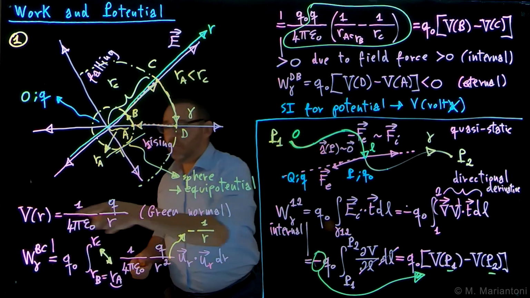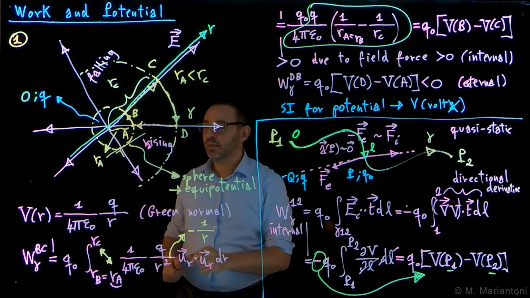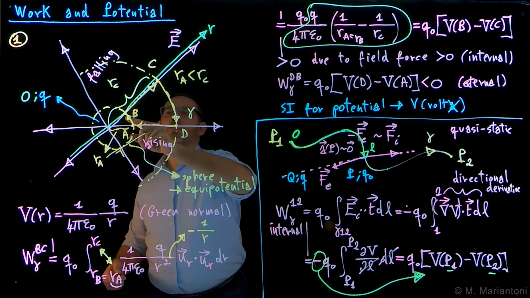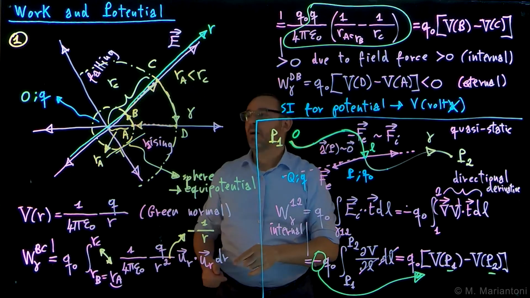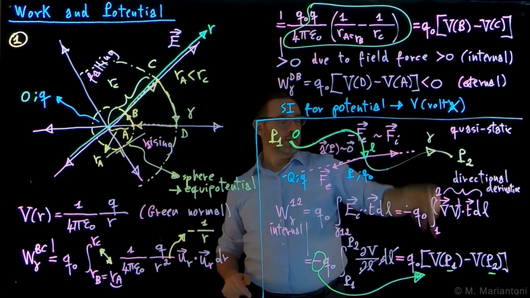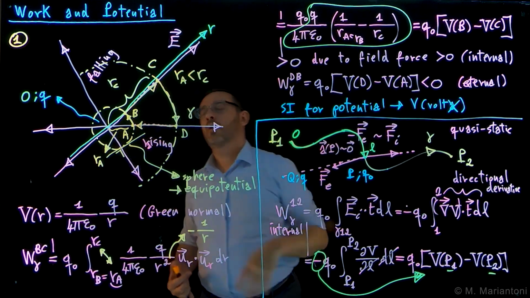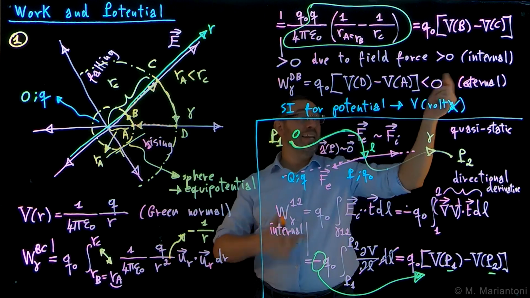We then used the definition of electrostatic potential, Green function with normal conditions at infinity, so capital C is 0, to find the work, for example, from B to C and D to A, and we found that this depends only on the limits of integration, as we already know, and is positive when I go from B to C, falling along the lines, and here I'm rising along the line, so it's negative.